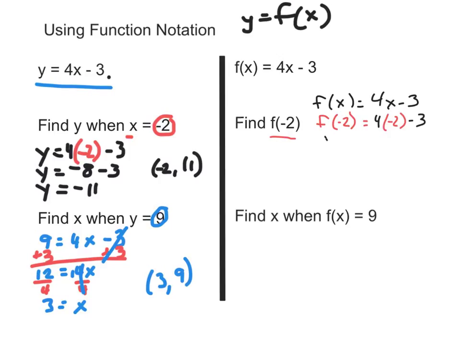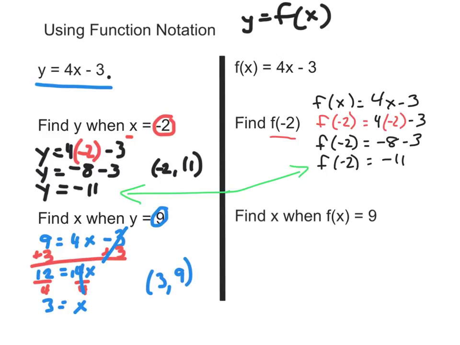So we know that f of negative 2, because we're putting negative 2 in, equals 4 times negative 2, which is negative 8, minus 3. And f of negative 2 is negative 11. I want to point out here that this right here and this right here are the same. F of negative 2 equals negative 11, or y equals negative 11 when x is negative 2.